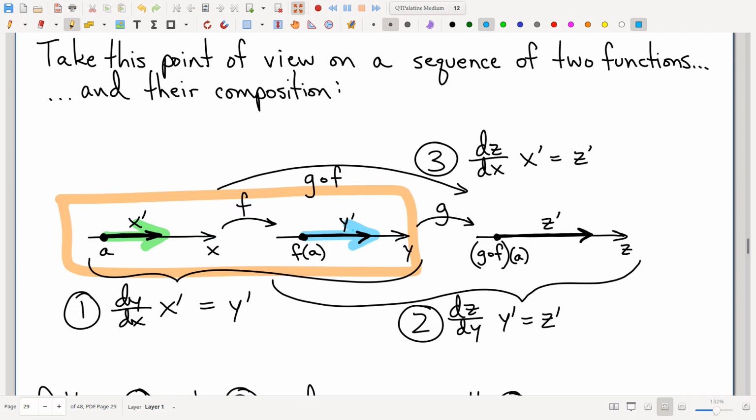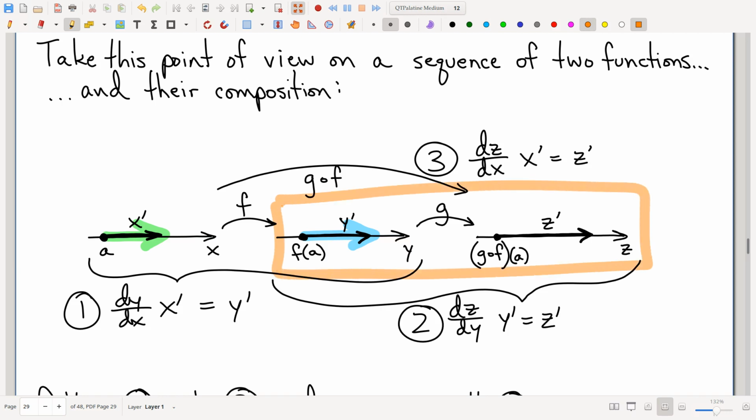And then we can also consider that g takes y as its input and gives z as its output. I could likewise talk about what the derivative of g does. The derivative of g will turn its input velocity into its output velocity by multiplication by the derivative of g.